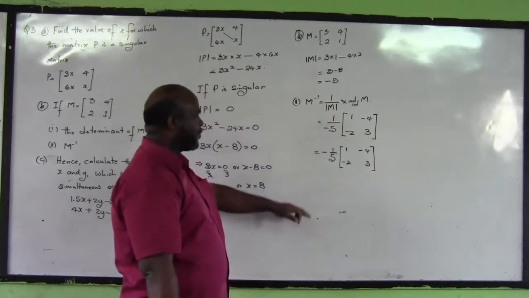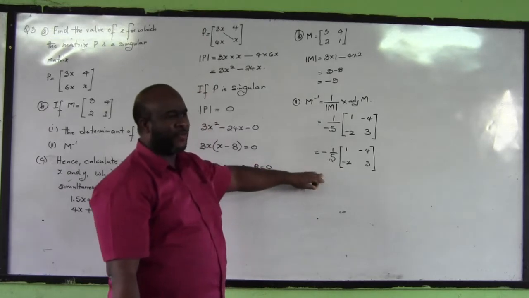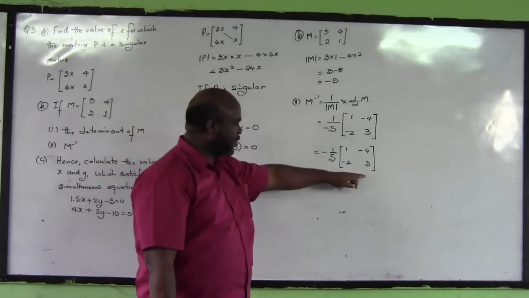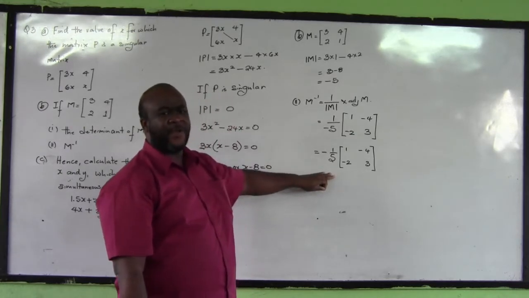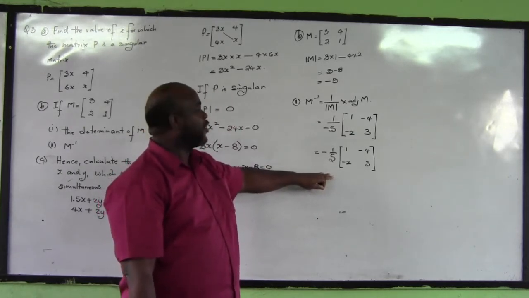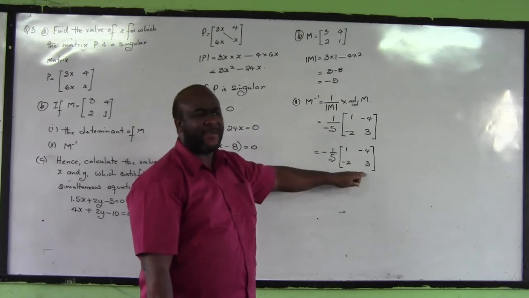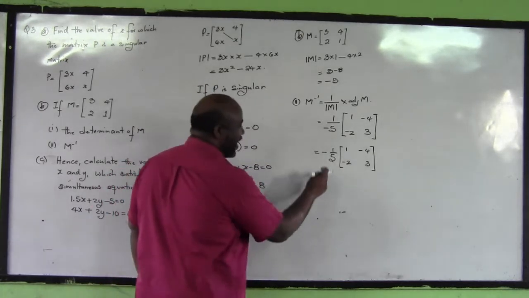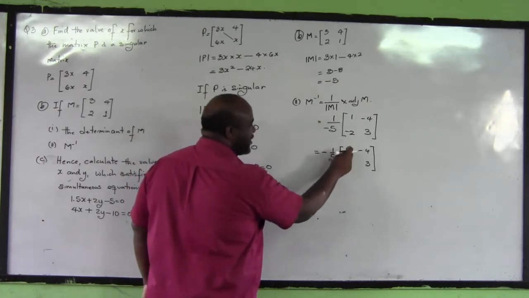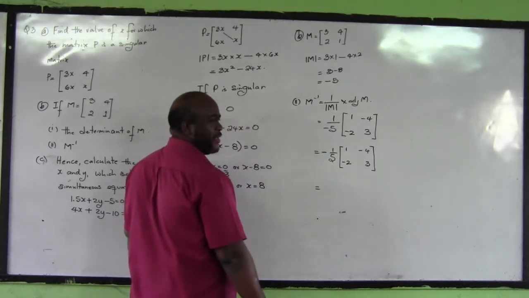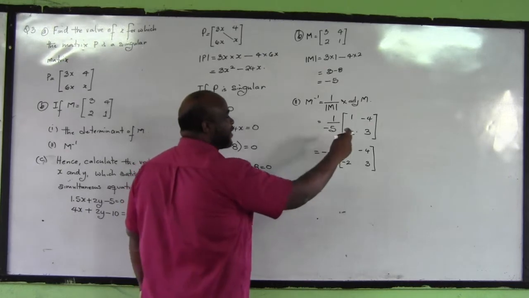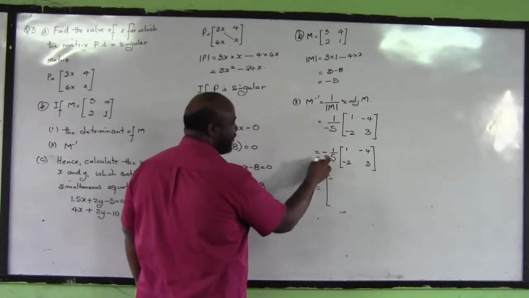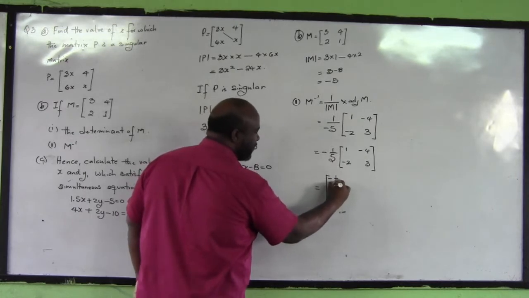So here I multiply a matrix by a number. Fraction is a number, you all know that, right? If you're multiplying a matrix by a number, you multiply all elements in the matrix by that number. So let's multiply. A negative times a positive is a negative. 1/5 times 1 is 1/5.